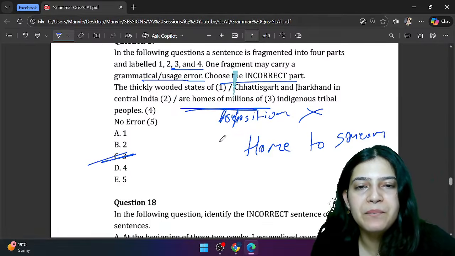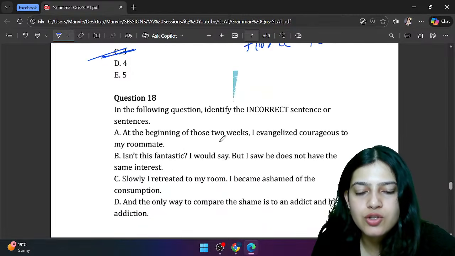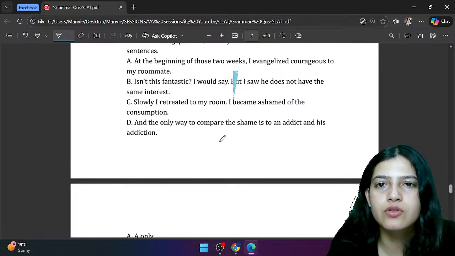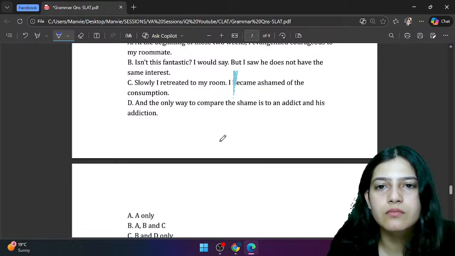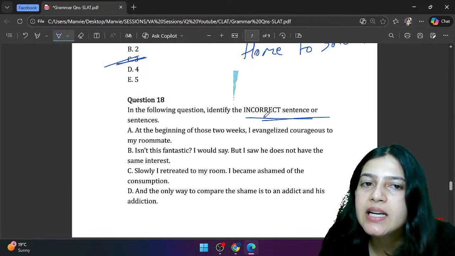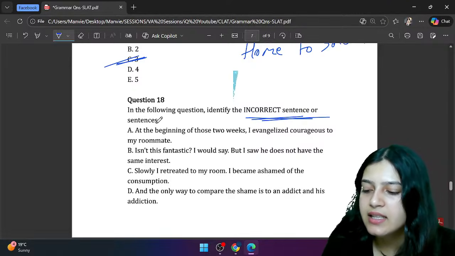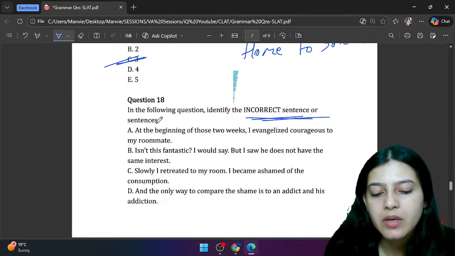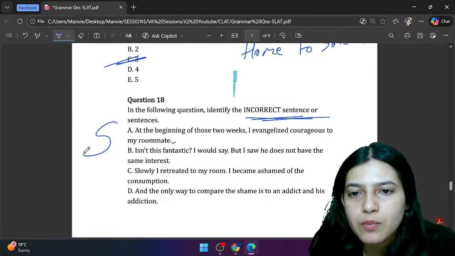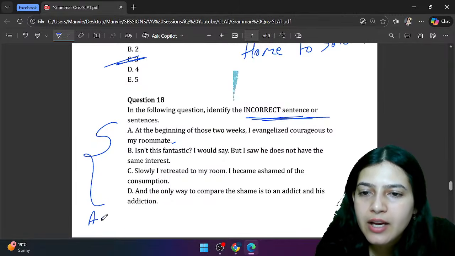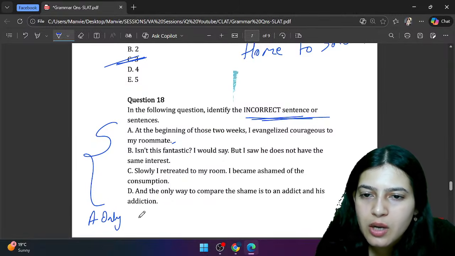Okay, next question, and this is the last question. In the following question, identify the incorrect sentence or sentences. Either they can be one sentence or two sentences or three sentences maybe. You need to find out the correct option. So I'll give you options: A only, this is option number 1.